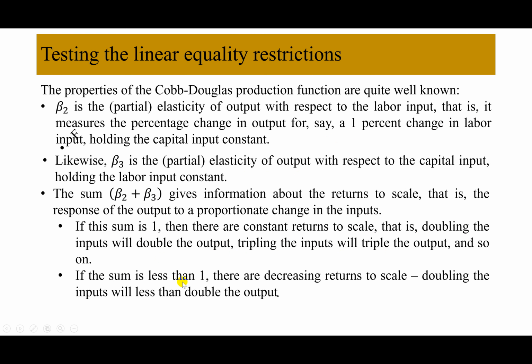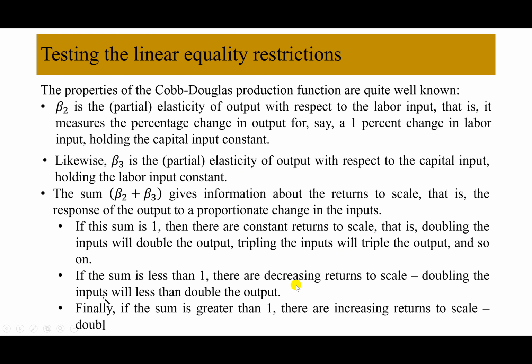If the sum is less than 1, that is beta 2 plus beta 3 less than 1, then there are decreasing returns to scale. Doubling the inputs will less than double the output. And finally, if the sum is greater than 1, there are increasing returns to scale. Doubling the inputs will more than double the output.